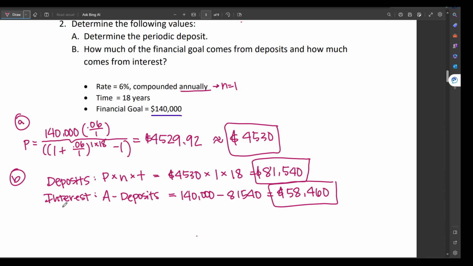So on Pearson, they'll have a box for you to put the deposits in and the interest on Part B.